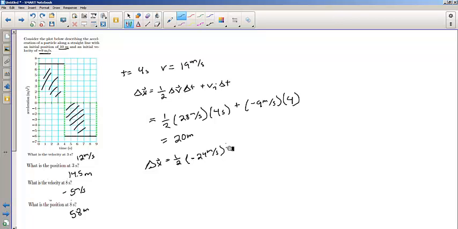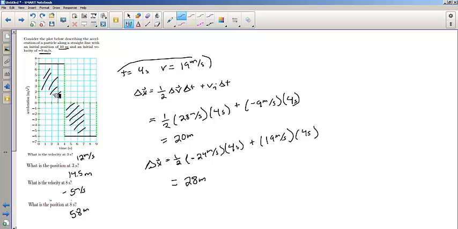The change in time in that box is still 4 seconds. The initial velocity at the start of this box is 19 meters per second. That's why we needed this. And the time again is 4 seconds. Calculate that out. You get 28 meters.